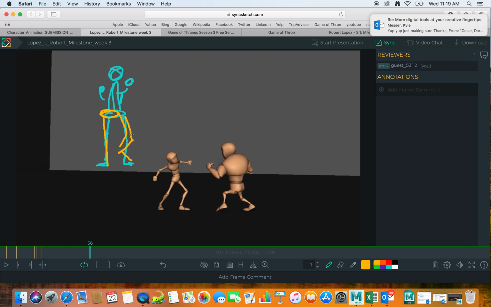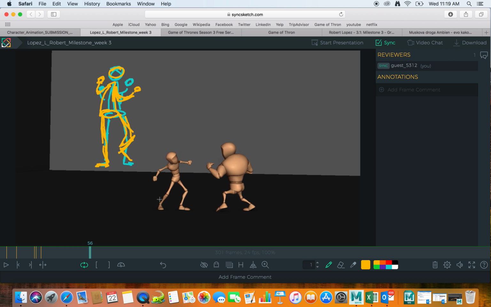All right, so the weight shift is incredibly important, and if you don't understand it or don't do it properly, the whole animation falls flat, because the believability of it is not there. Why?